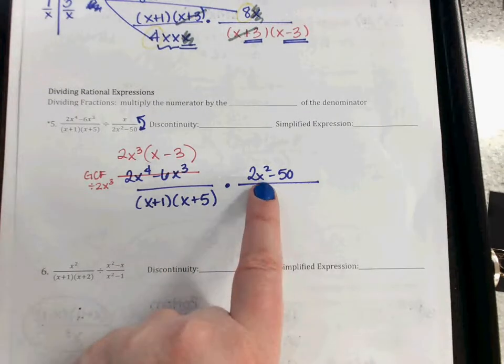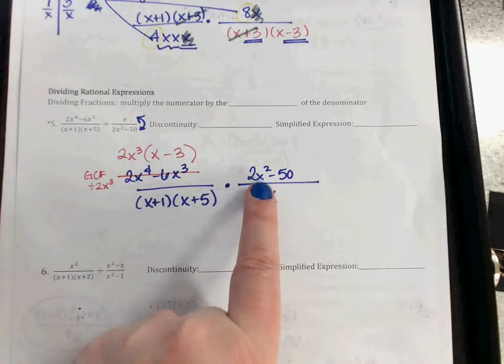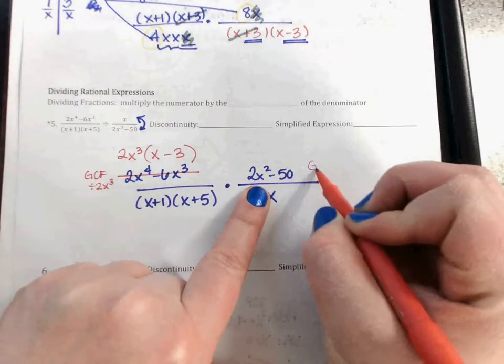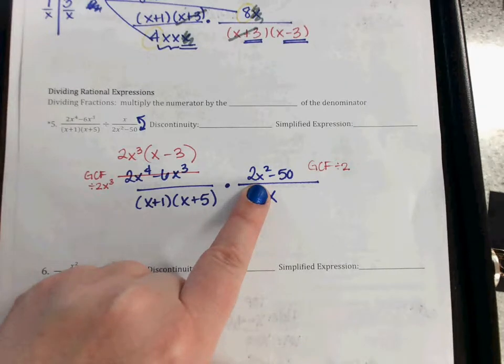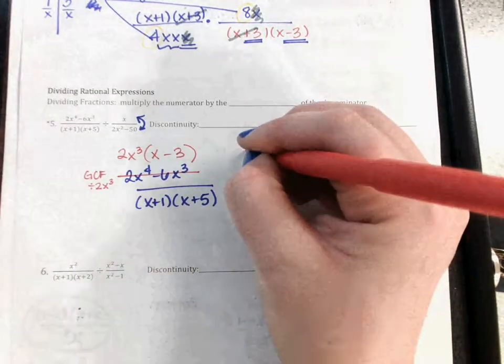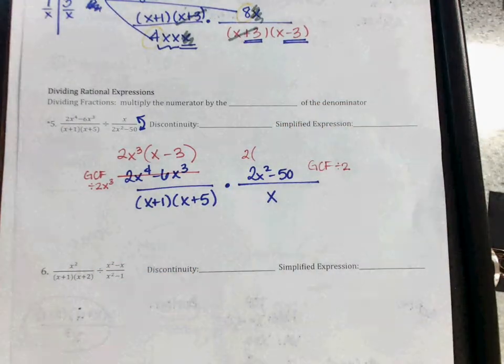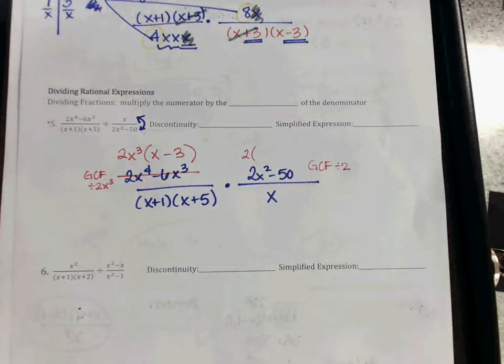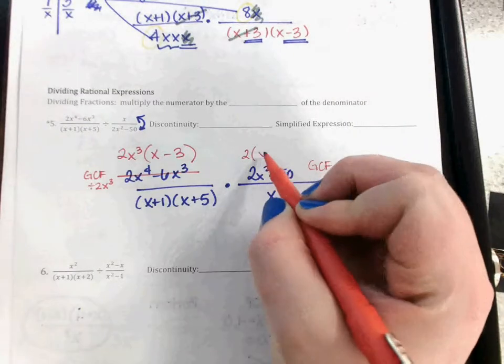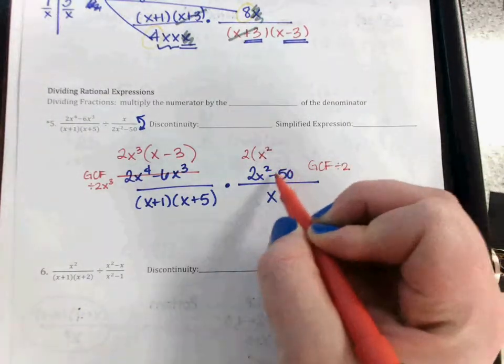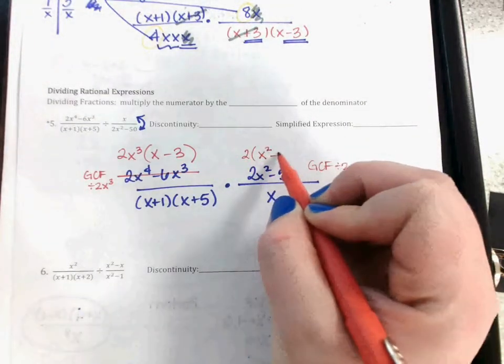Now look at that one. What can I divide both of those by? Okay, I'm going to GCF divide by 2. So I'm going to take my 2 out to the front. And then what's going to be left over? x squared minus, what is 50 if I divide it by 2? 25.